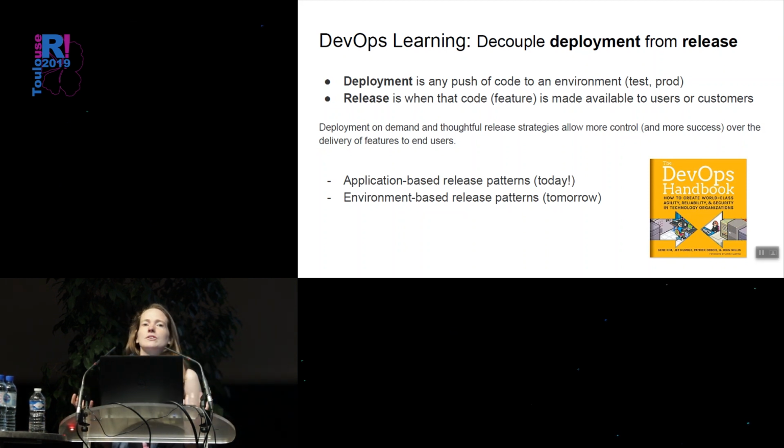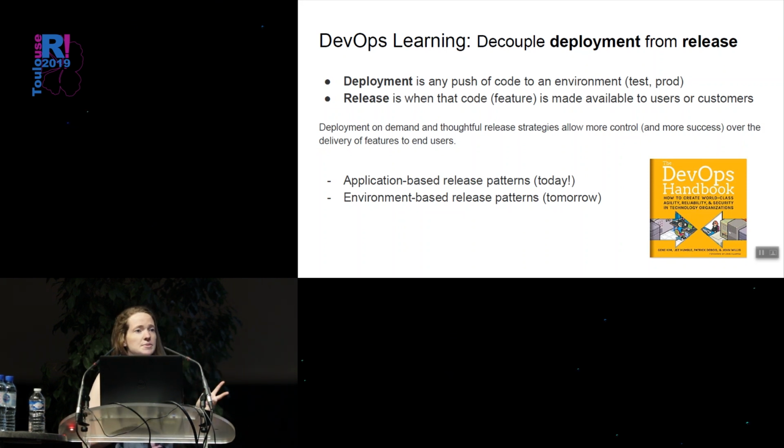Before I started learning about DevOps, I thought about application deployment as the same thing as a release. But you can actually separate those two concepts. If you think about deployment as a push of code to an environment, and a release as a separate thing, which is when that code or feature is made available to users or your customers or whomever.